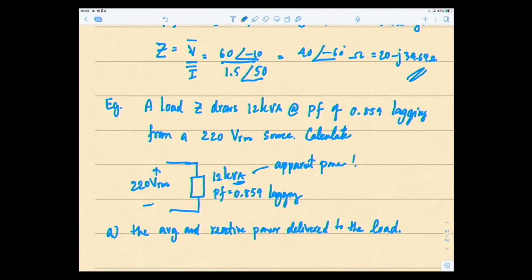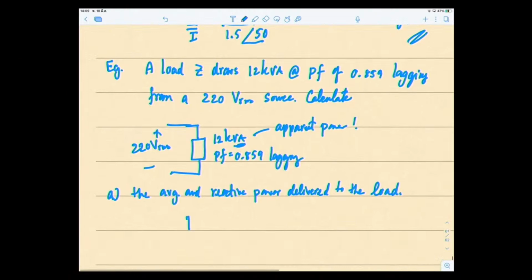Well, you know PF. So you want to find the average power, right? And the formula for average power is VRMS IRMS cos(theta V minus theta I).